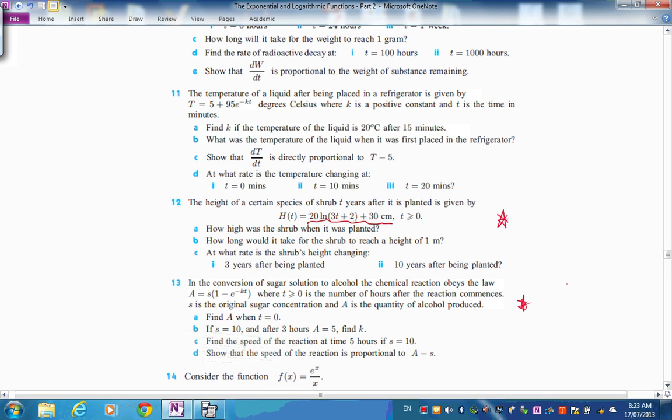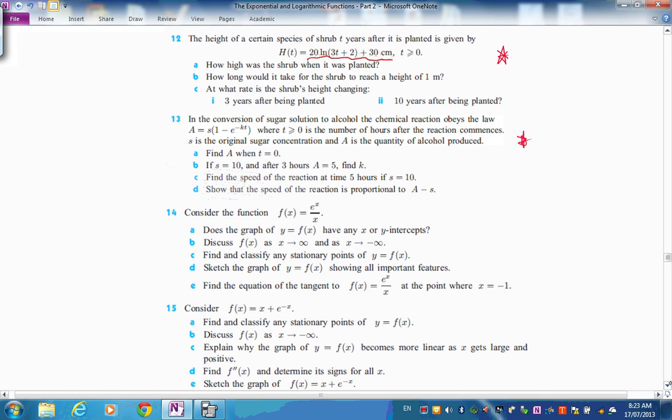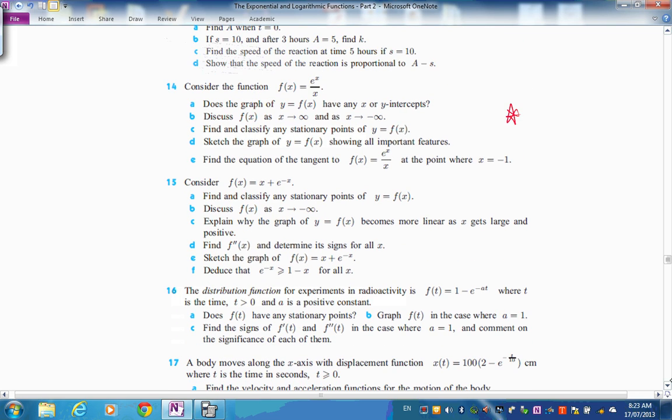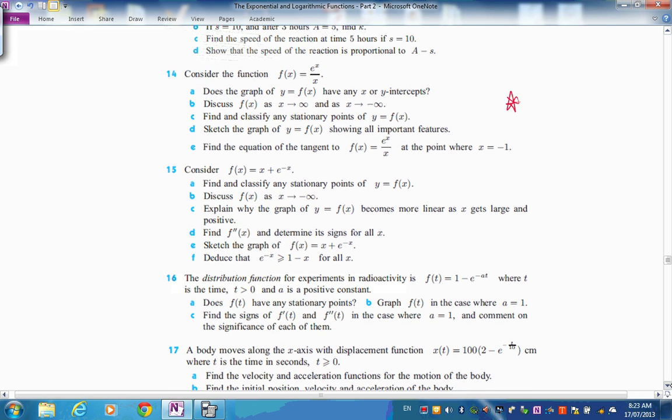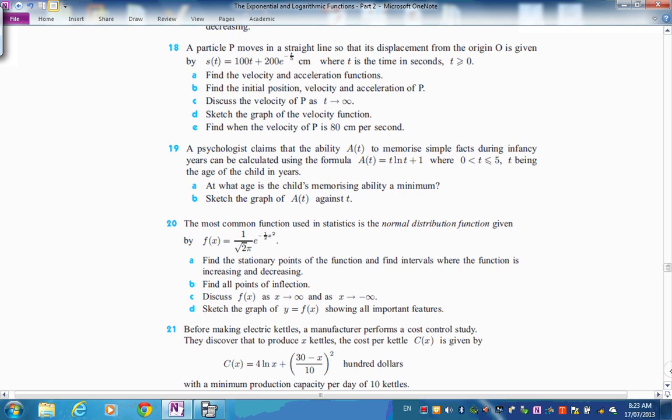Question 13, probably have a go at that. Question 14 is interesting. We keep going. Do all of them if you have the time. That would be good. Here's question 15, 16. Interesting questions.